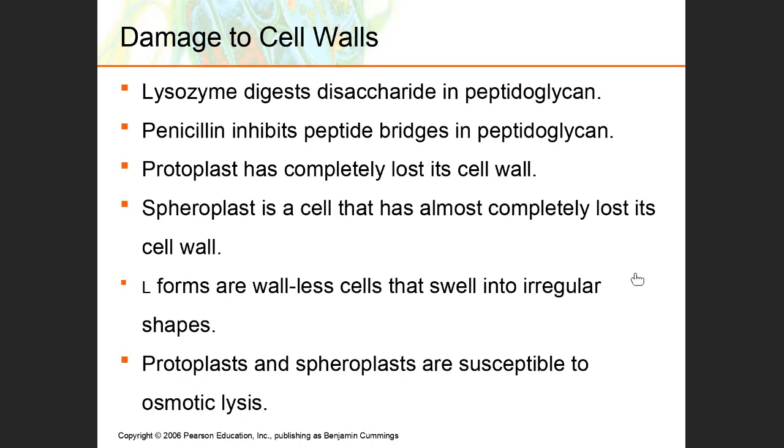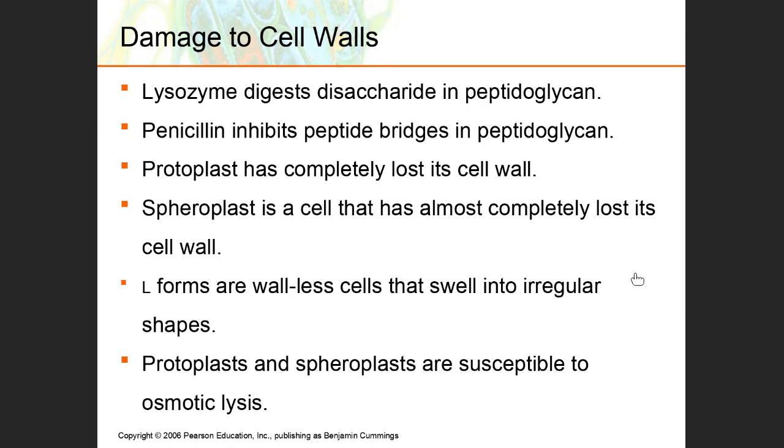L forms are bacteria that used to have a cell wall but no longer do. Right? So for some reason they lost their cell wall, which means they will swell up with water, which may or may not cause them to explode. But whatever the case, if we damage or destroy the cell wall, those bacteria become susceptible to osmotic lysis.